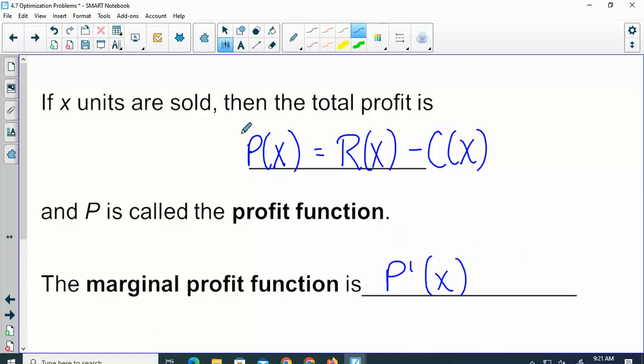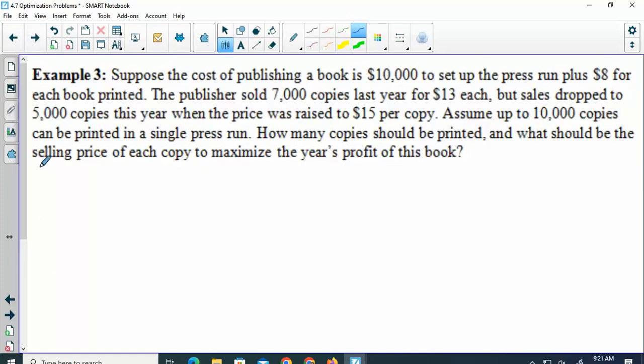So let's look at a problem. Suppose the cost of publishing a book is $10,000 to set up the press run, plus $8 for each book printed. So that is our cost. Can we write an equation from that? You pay the $10,000 just to set up the press.